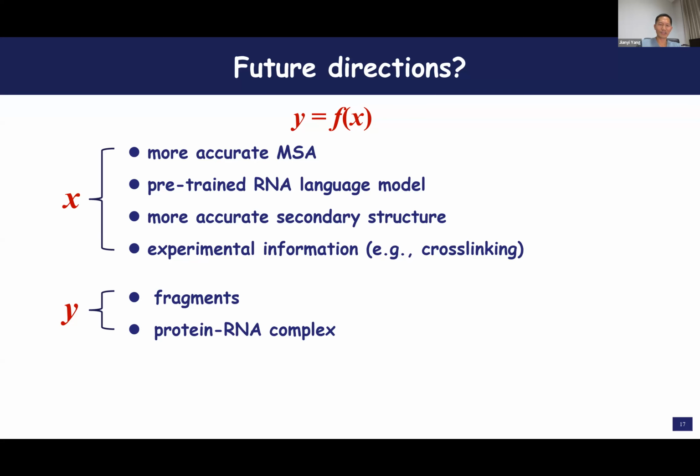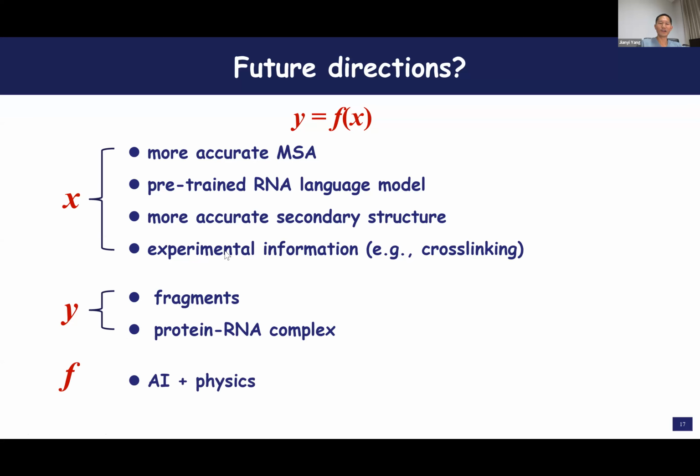This can help to some extent. Another one is to use the protein data. We can try to predict the protein-RNA complex. Also, some RNAs cannot form a stable structure. They need to bind the protein. So this is also one way to improve.